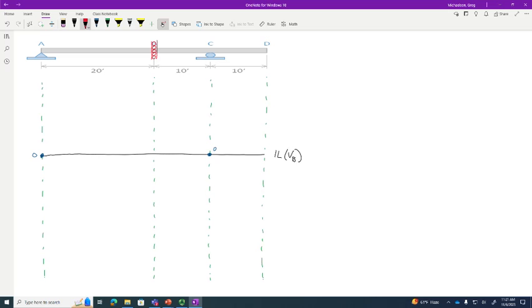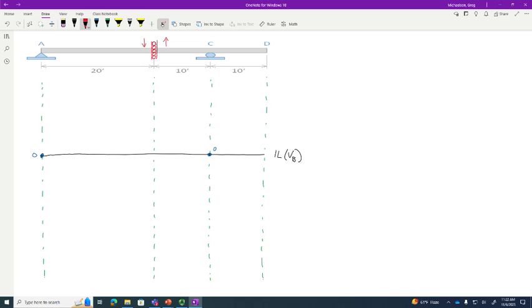Now the left side, does the left side move up or does the left side move down? Down, right? Left side moves down, right side moves up. Okay? And again, that just comes from the fact that if I have a beam and I cut it and I separate it, this is positive shear.